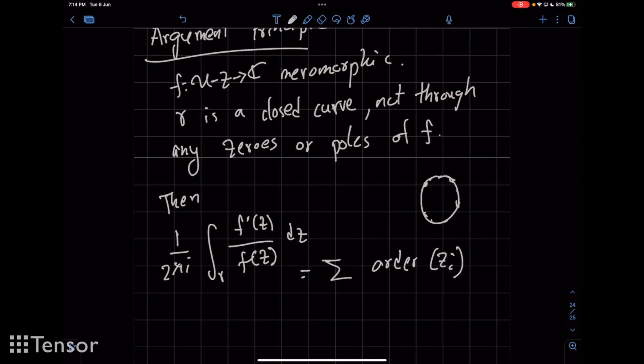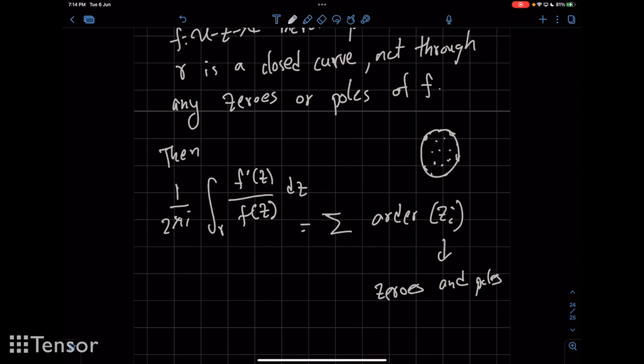What are the z_i's? The z_i's are the zeros and poles of f of z in the region enclosed by gamma.